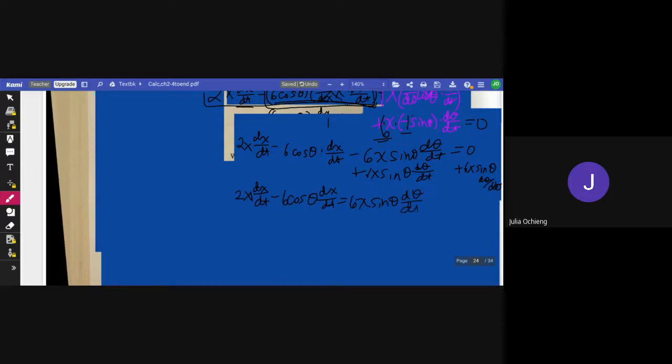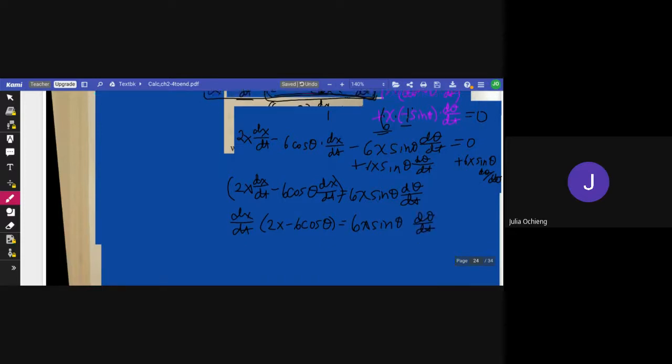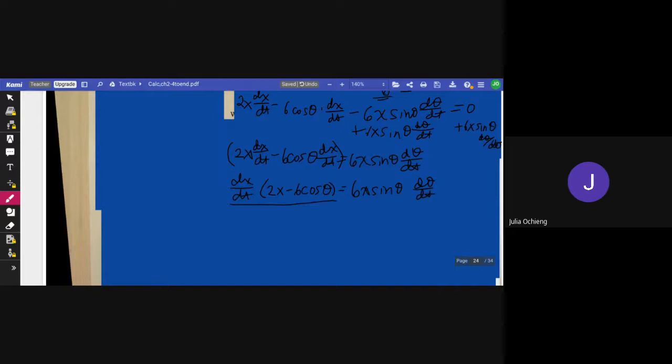Hang in there. This is a stamina game here. All right, I'm solving for dx over dt, so I'm going to factor that out of this section right here. So I'm going to factor dx over dt out. I get 2x minus 6 cosine theta equals 6x sine theta times d theta over dt. I'm going to divide both sides by 2x minus 6 cosine theta.